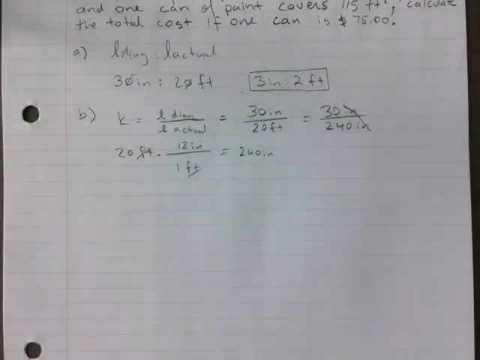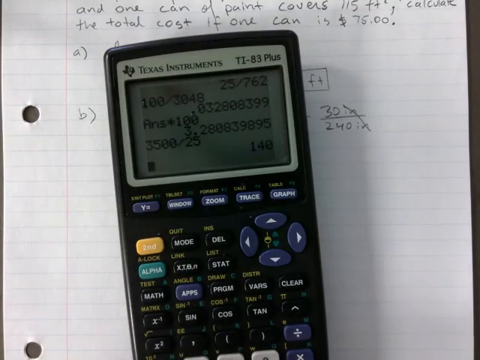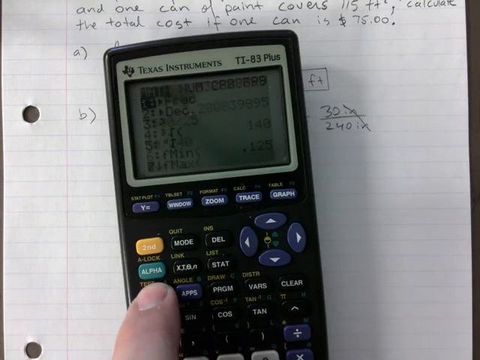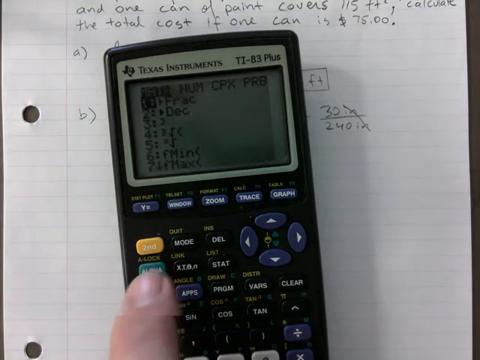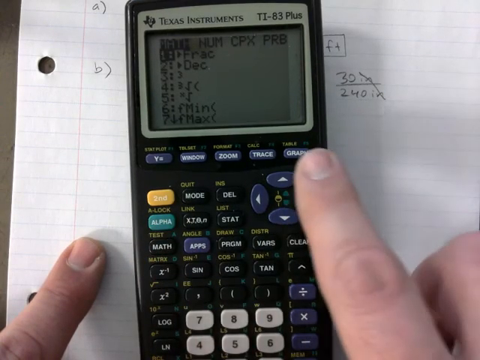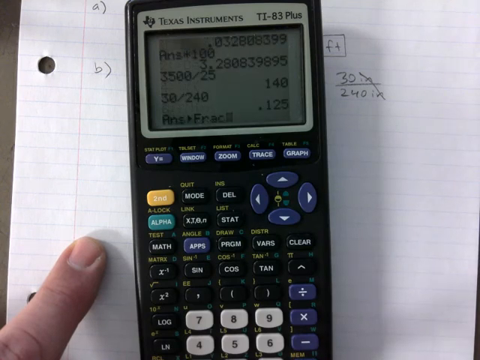Let's try the calculator. Take your calculator. Go 30 divided by 240. Hit equals. I think you can just leave it like that, but I will hit equal. Then you go math. Press the math button. It's on the left side right here. There's a yellow, a green, and then there's math. And it's the first option. So you just hit enter. Then hit enter one more time.